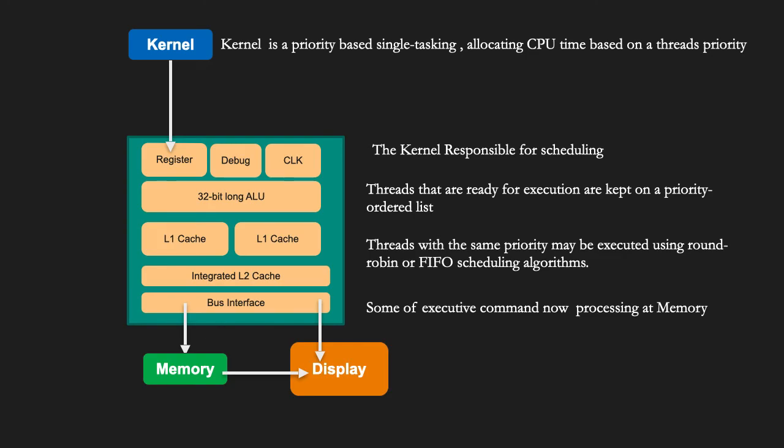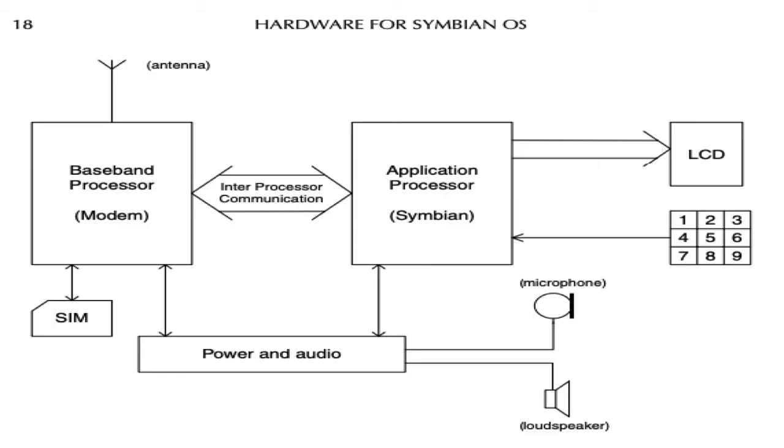So if we summarize Symbian, this schematic diagram shows it in its simplest form. Here we can see at the center, of course, the application, and this is where the Symbian kernel also resides in the memory.